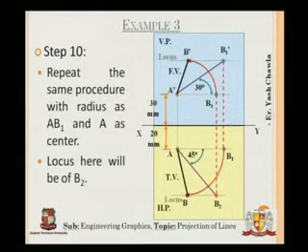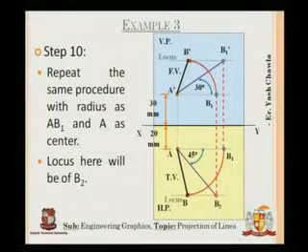So when the line is inclined with both the planes, what we have learned is that we first divided the problem into two parts. We took the line at an angle with HP and drew an intermediate plan, and then we took the line at an angle with VP and drew our intermediate elevation.